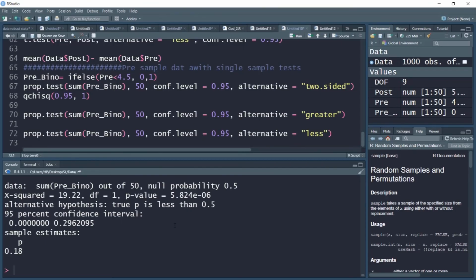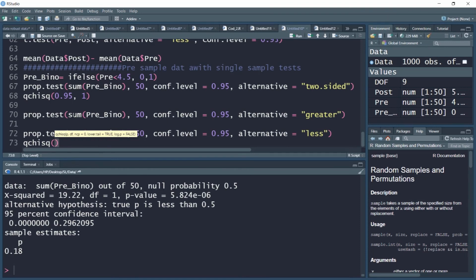That means my chi-square value clearly indicates and p-value indicates that with a lot of significance we can say that getting a score of 1, that means if I pick any individual randomly, the chances that his score is 1 is less than 50%. Now I can also apply the chi-square test here. How? So I can simply put q chi-square.